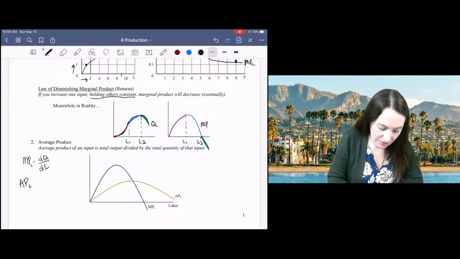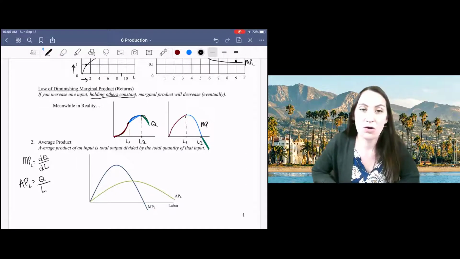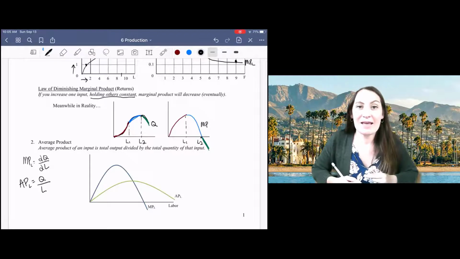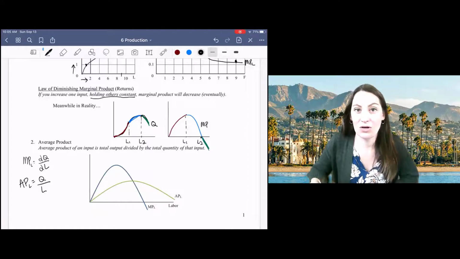Average product, on the other hand, is the average amount produced by each unit of input. So instead of thinking about the additional output created by one additional worker, we might think about, on average, how much output does each worker produce?